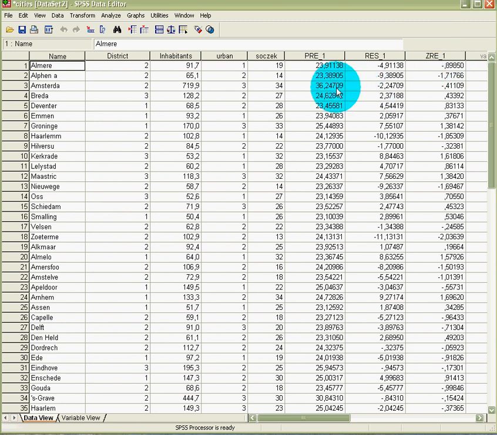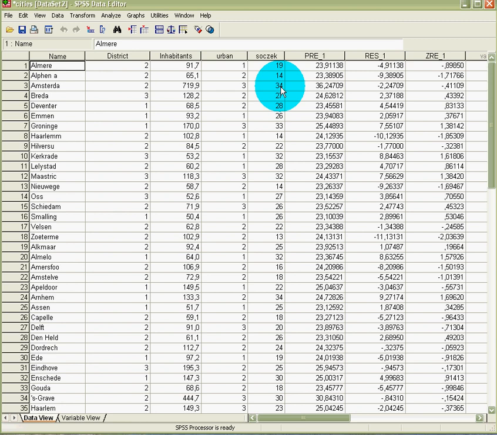Okay, so again, for instance, if you look at Amsterdam, and they want to make a prediction, we had this equation we just saw in our output, and you plug in, let's say, 720,000 inhabitants. The prediction would be for the percentage of people living on Social Security, let's say a little over 36%, while actually in Amsterdam 34% is living on welfare.